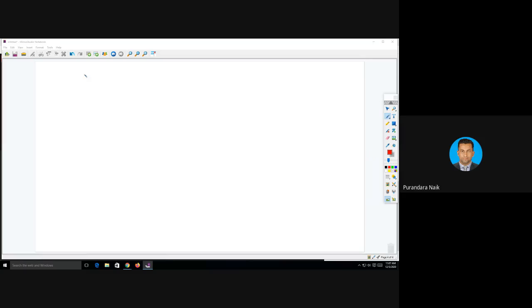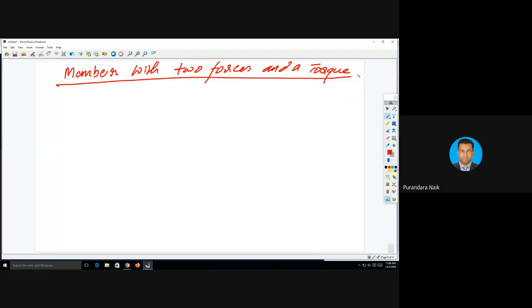Remember case number 3, right? Not case number 3, that is the main case. A member with two forces and a torque. We have a body with two forces and one torque.